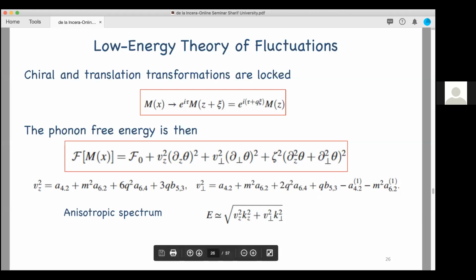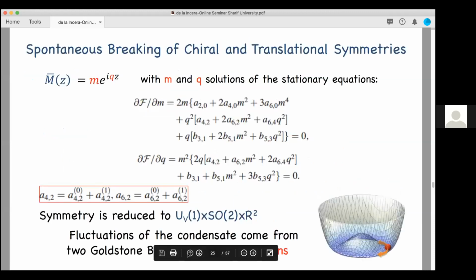Let me show you that this combination is exactly, so look at this. If I don't have magnetic field, all these B are 0. And out of the stationary equation for the modulation, I get that this combination is identical to 0.